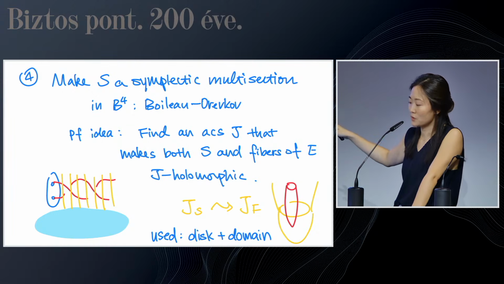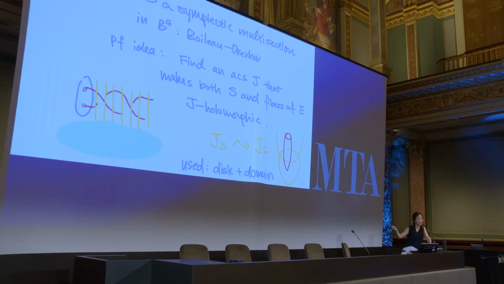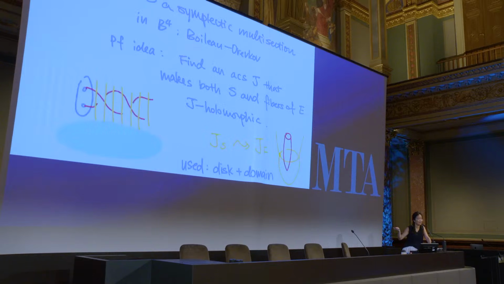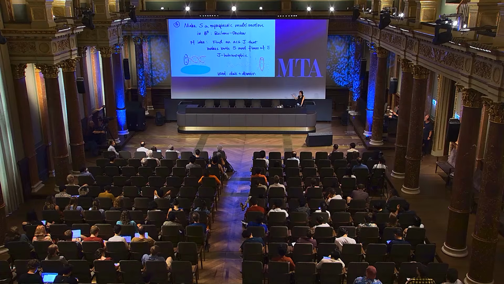And then we also use the fact that this is a Weinstein domain, because otherwise there are more possibilities of negative breakings, breaking into negative levels. Questions here? So yeah, this is the pseudo-holomorphic curve step that we leverage.